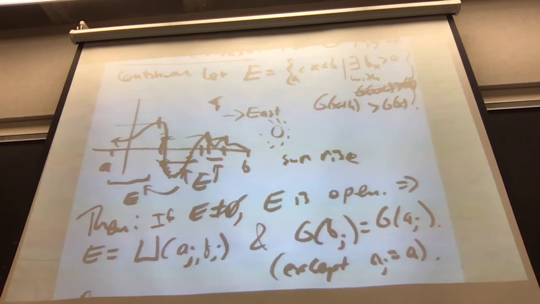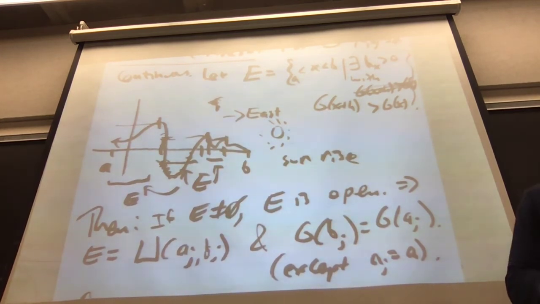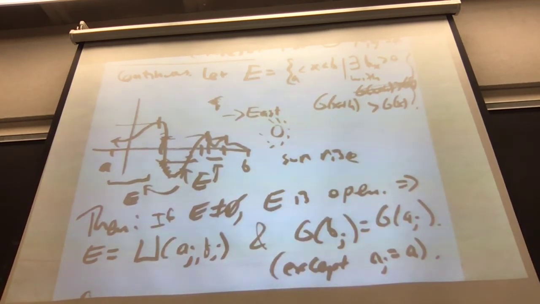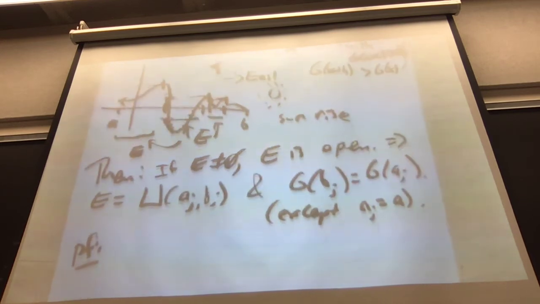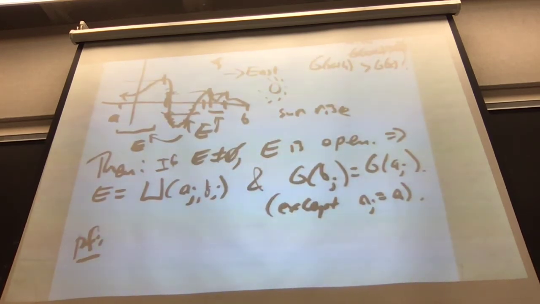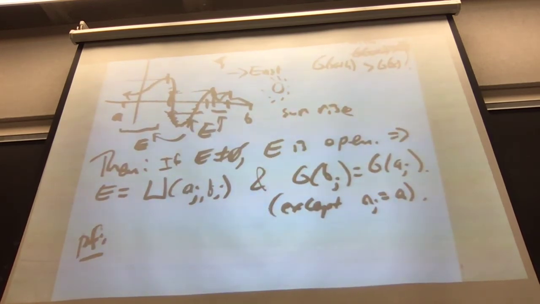So how about we fix h, and notice that g of x plus h minus g of x is a continuous function. So the inverse image of the positives under that continuous function is an open set. I like that. And then take the union over all h. I think that does it.